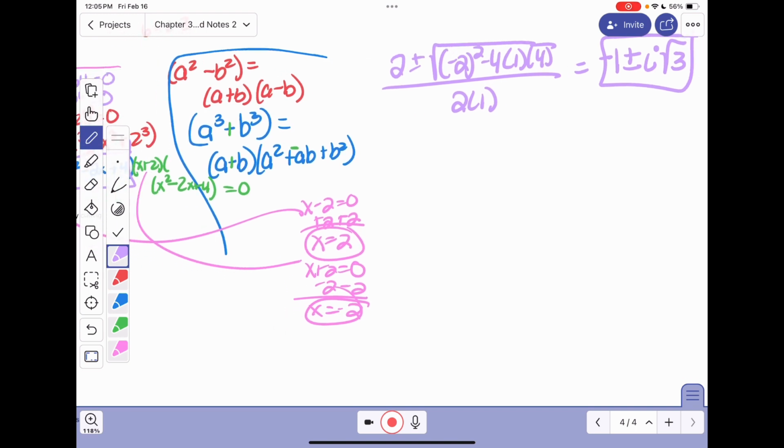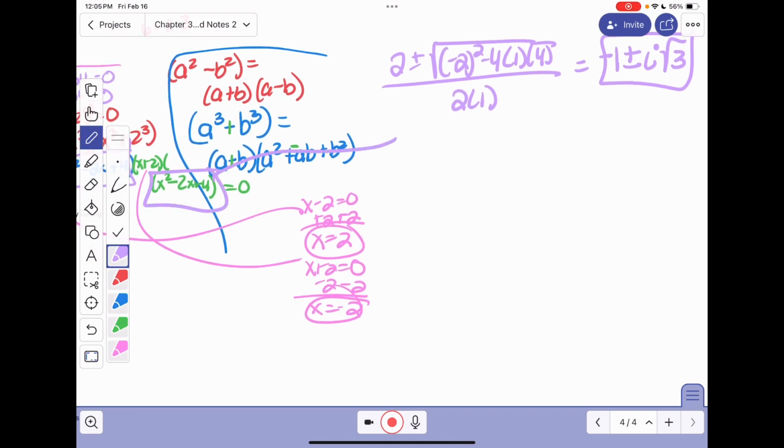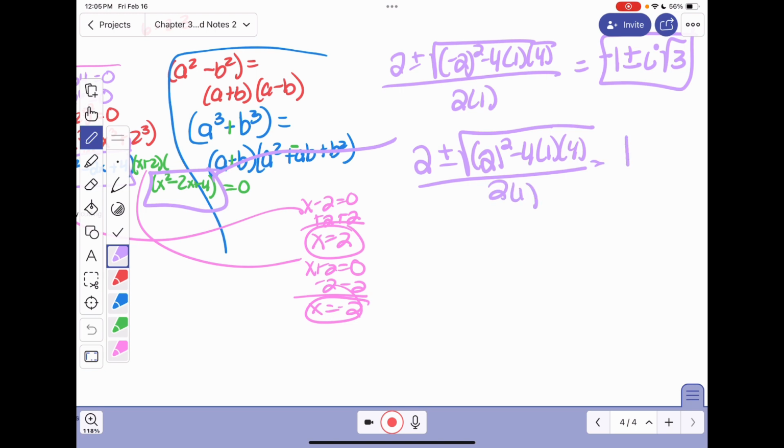And then the green one would be the opposite of b, plus or minus the square root of b squared minus 4ac all over 2a. And this one becomes positive 1 plus or minus i root 3. So there's 2 purple here, 2 here, and then 2 pink, which gives us a total of 6.